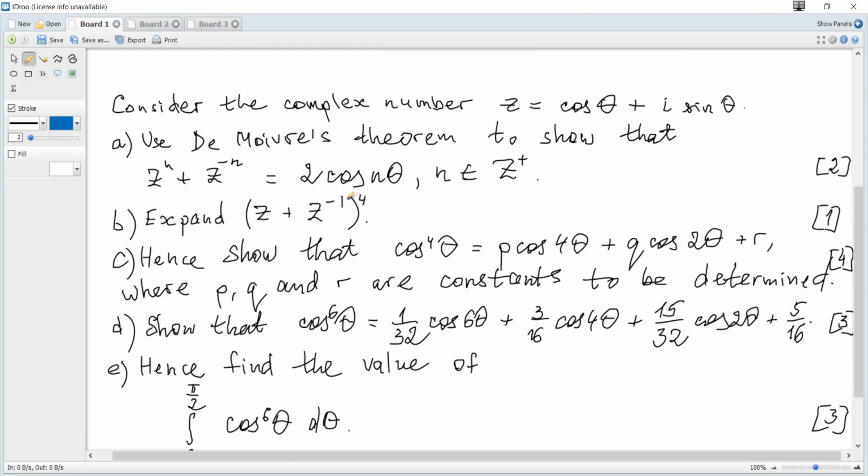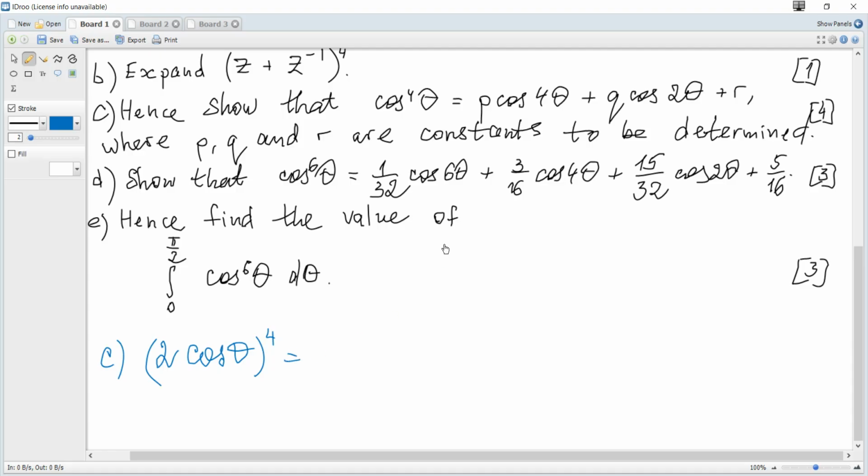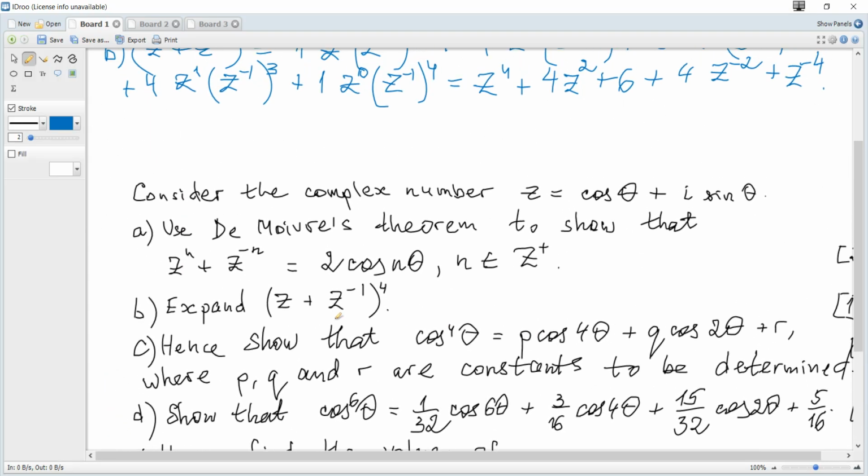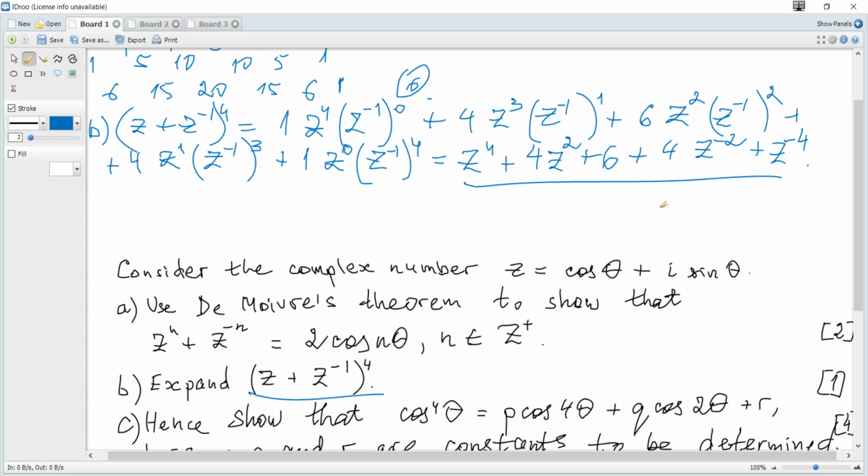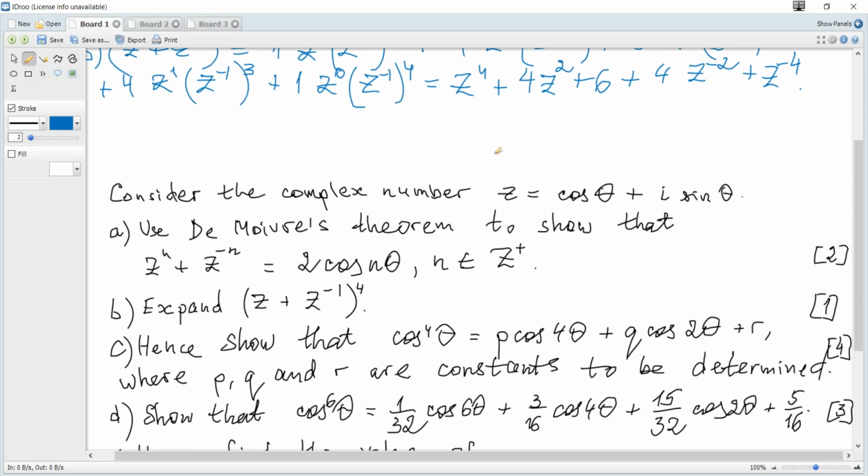So we just use this formula for this. It's 2 times cosine of 1 theta, but then to the power of 4. But on the other hand, using the expansion, this is equal to this, and this plus this.